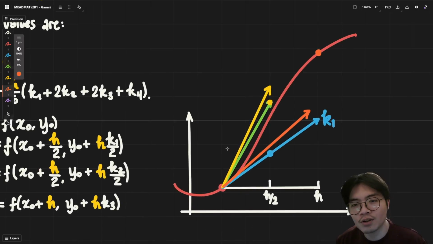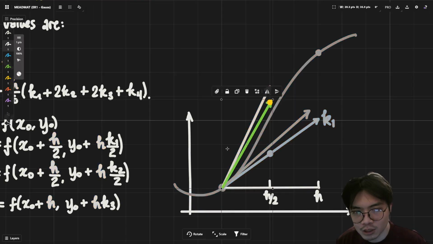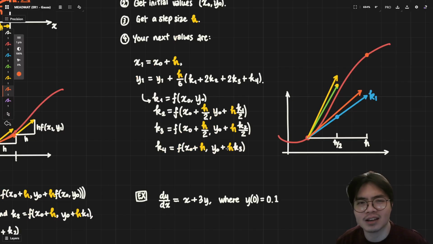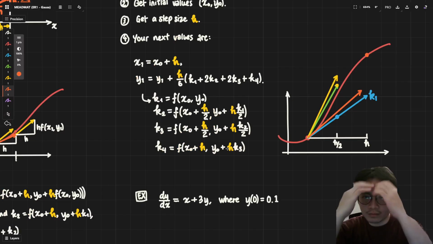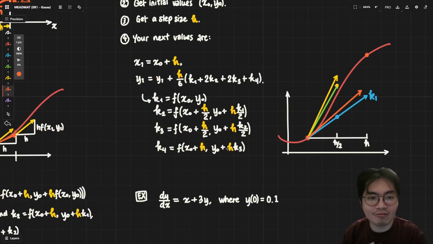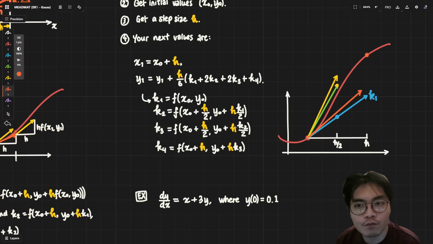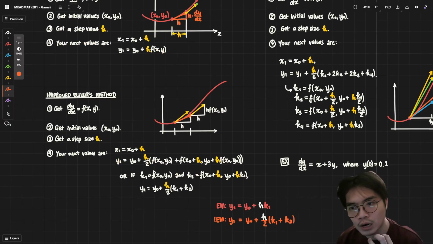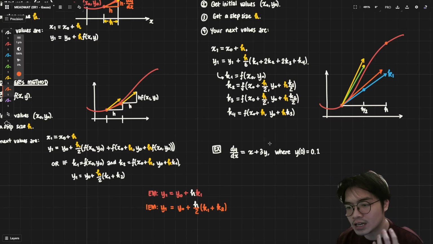And so now these four pieces of information are going to dictate where your next step is going to be. You might say, oh my gosh, there's a lot of stuff that we need to do for RK4. Well, we'll find out how accurate it really is if we do a little example, just one example for any kind of differential equation.